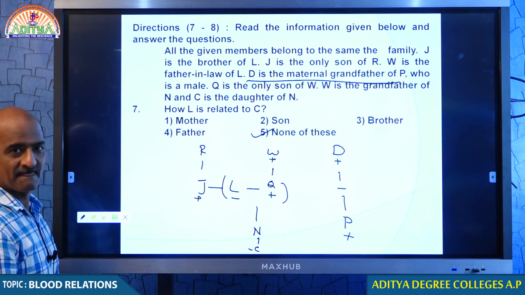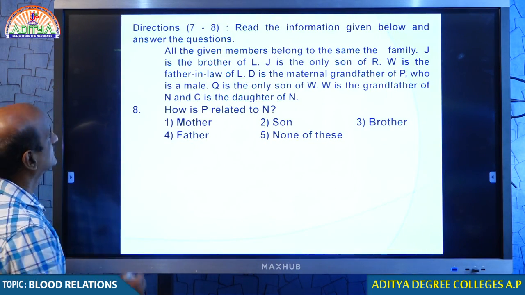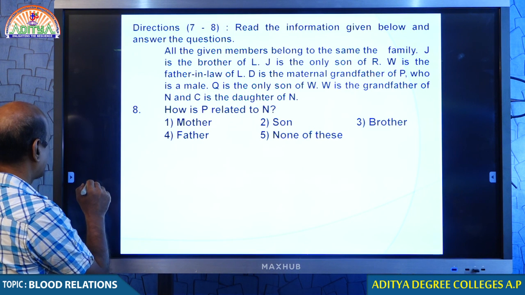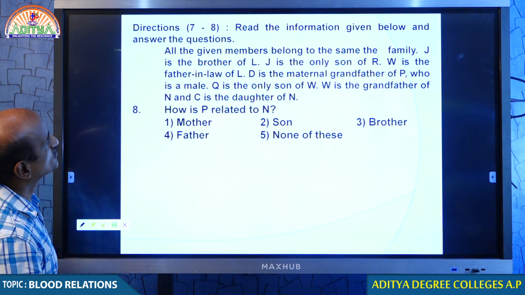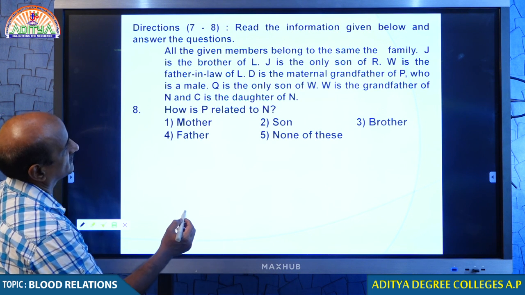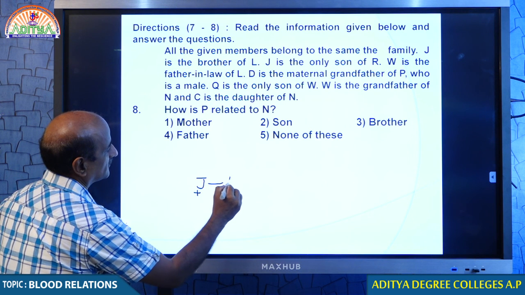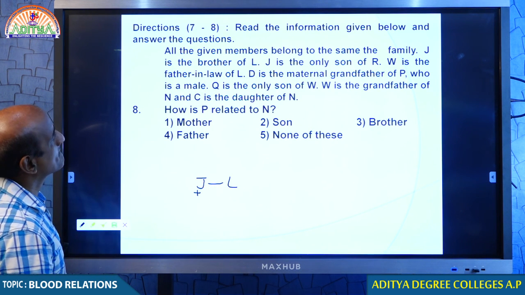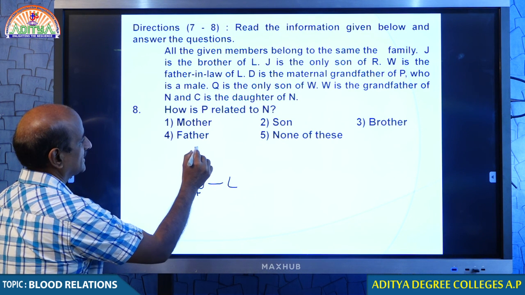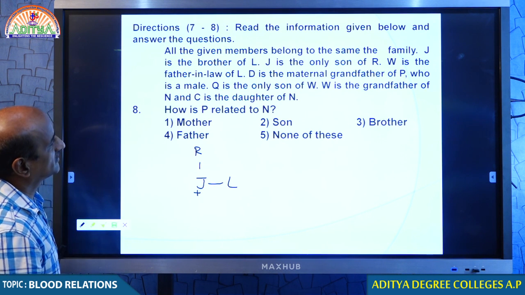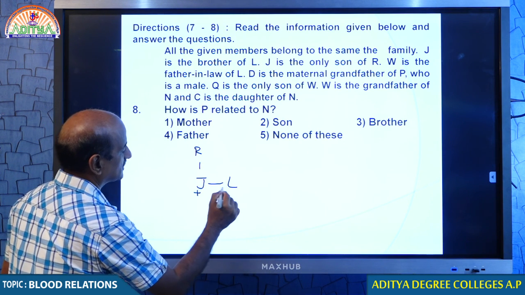Okay, we move on to question number 8. Now this time you get more clarity. Here is the information; please read it properly. J is the brother of L. J is the only son of R. W is the father-in-law of J, who is the only son.